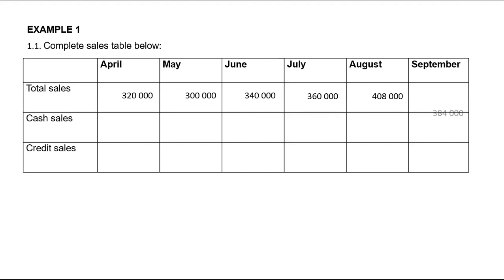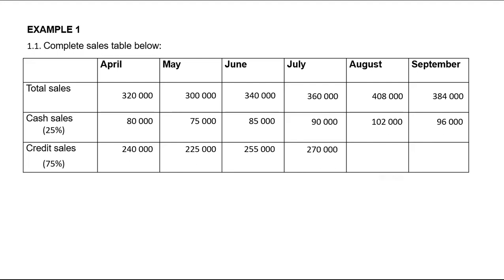From your total sales, you determine your cash sales. And for your budget period, which is July up to September, those amounts will be shown under receipts for those budgeted months. And your credit sales, these are credit sales. We will not receive them immediately. We will receive them according to these terms and conditions over here.